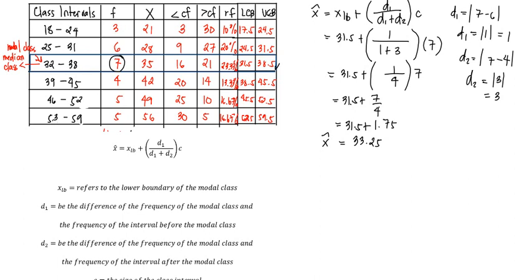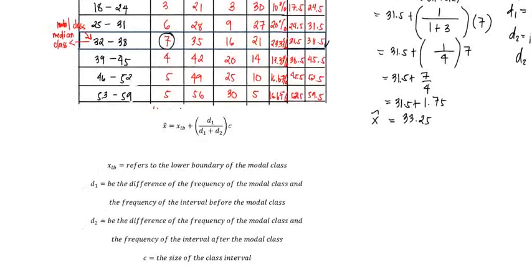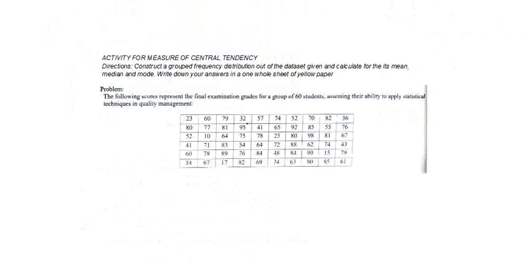And that is all, I think, for our measures of central tendency for grouped data. We still have to talk about the measure of dispersion for grouped data and measures of relative position in the next meeting. For now, I'd like you to work on the activity here using what I have discussed in this video.